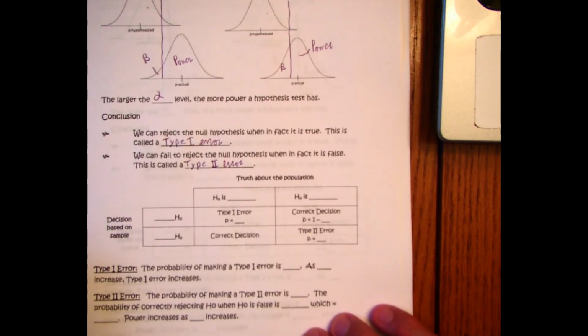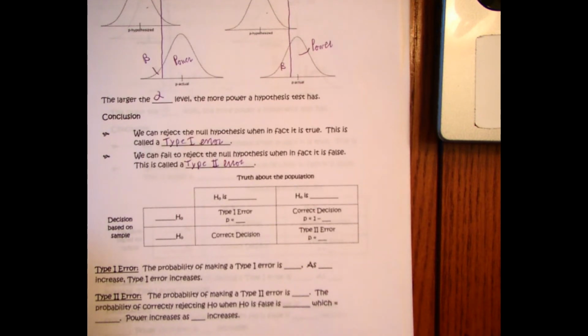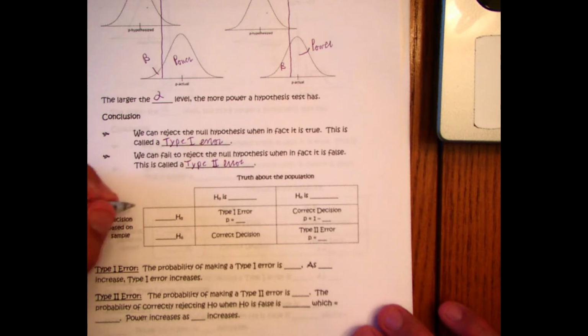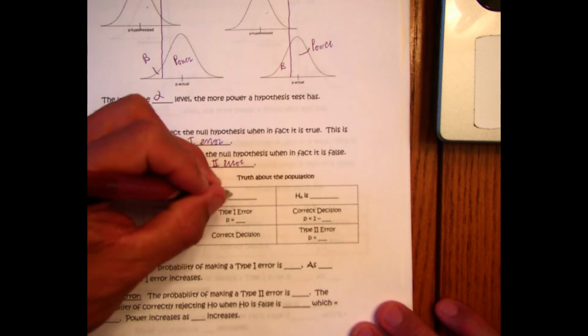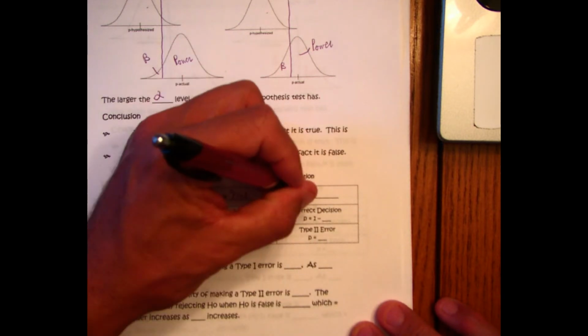So here we have a little chart. In our chart, we know that H0 is true, and we know that H0 is false.